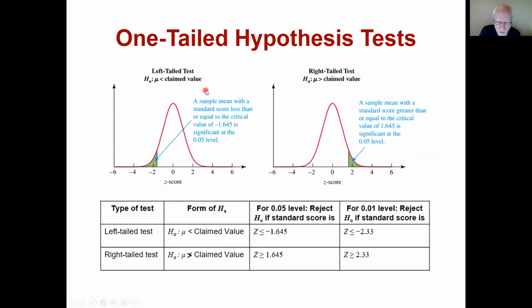So, one-tailed hypothesis tests. We looked at one case where it's left-tailed. A sample mean with a standard score less than or equal to the critical value of minus 1.645 is significant at the 0.05 level if you're doing a left-tailed test. If you're doing a right-tailed test, a sample mean with a standard score greater than or equal to 1.645 is significant at the 0.05 level, right?